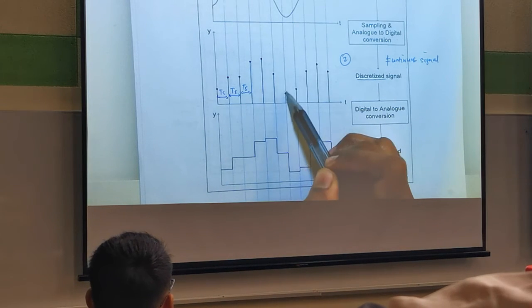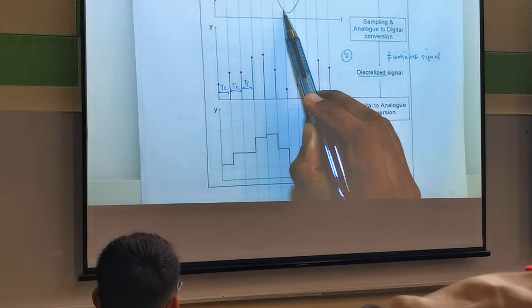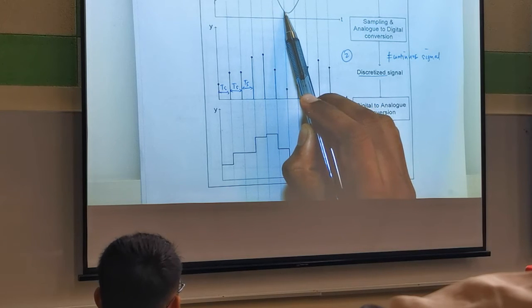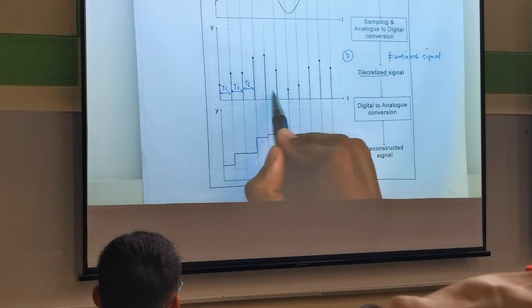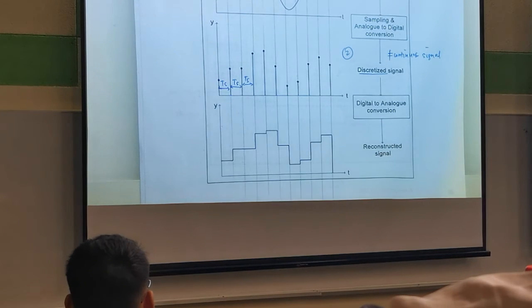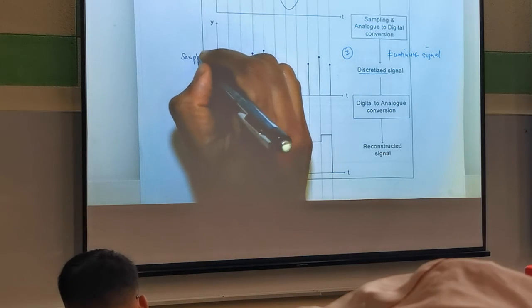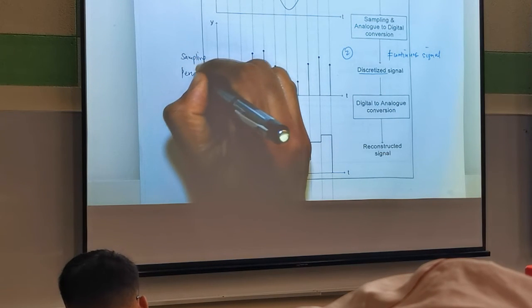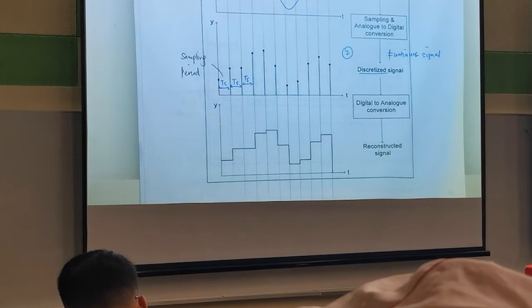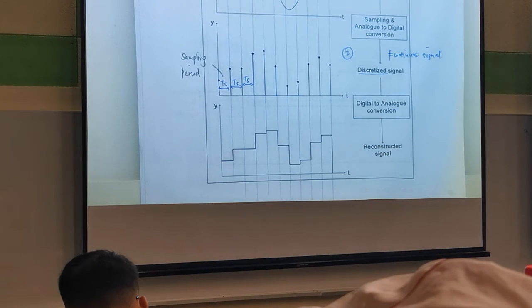All these points correspond to the particular value at that time, and they are all equally spaced. It's always after TS seconds. This TS is called the sampling period. That's just a notation for the number of seconds you must wait to lapse before you take the next reading.